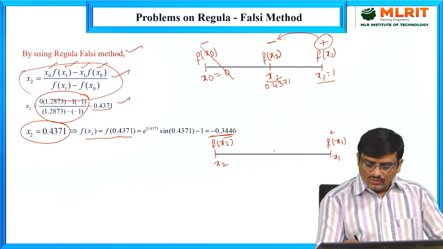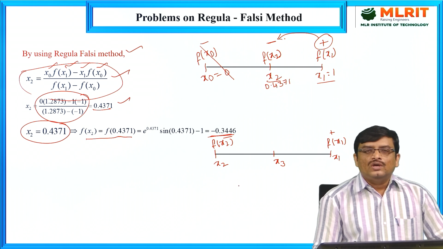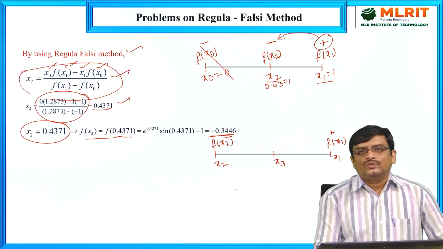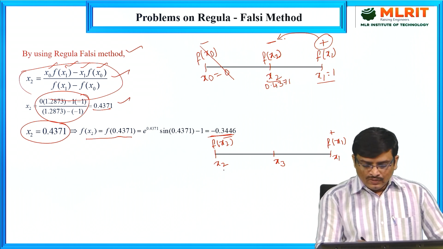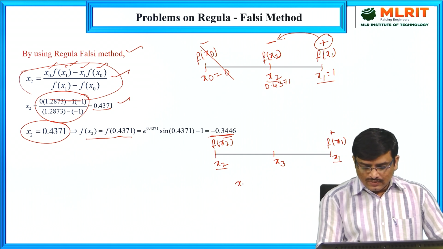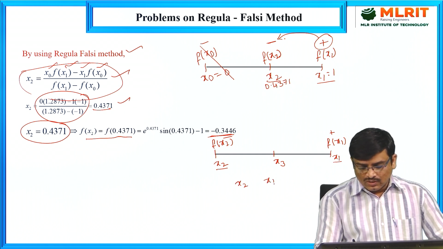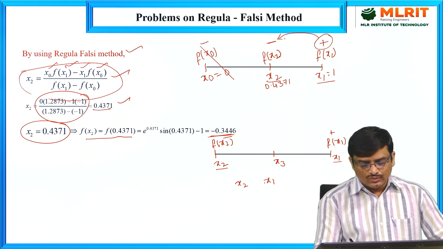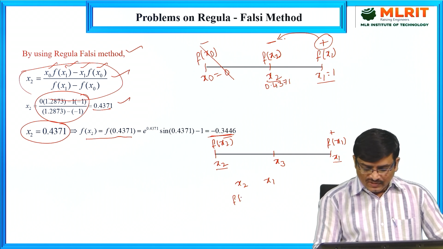So now I am going for the next approximation, x3 here. So now we will take the formula how to get this x3 value here. Now whatever the real numbers we have considered in this, you represent these numbers here, x2, x1, or if you want you can take x1 and x2, no problem. So f of x2 and f of x1.